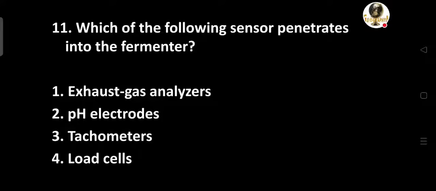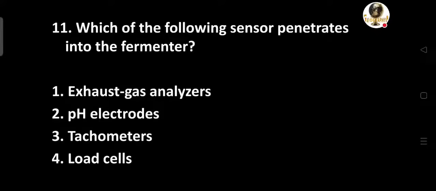Which of the following sensors basically penetrates into the fermenter: exhaust gas analyzer, pH electrodes, tachometers, and load cell? Very interesting question. The sensors that penetrate into the fermenter are the pH electrodes and dissolved oxygen electrodes.